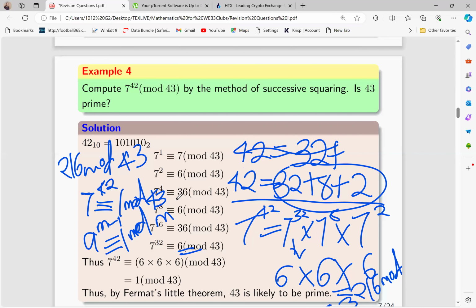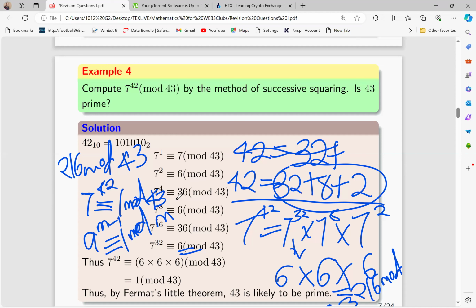When it's less than 43, you just see the number as it is, because the whole concept of modulus is that when you reach 43, you wrap around and start again. Since we haven't gotten to 43, 36 is less than 43, so you leave it as it is. Next one, it is right now 36.